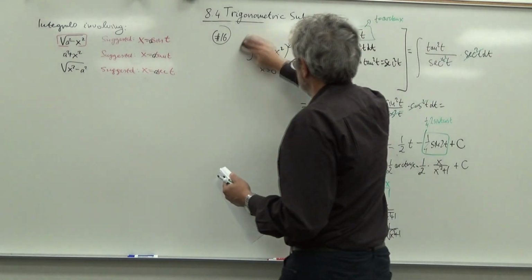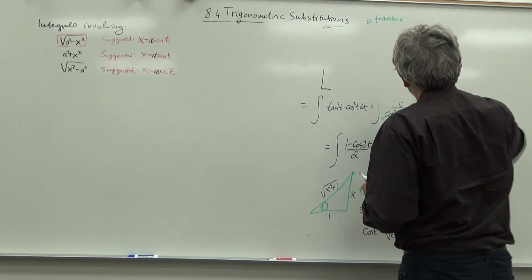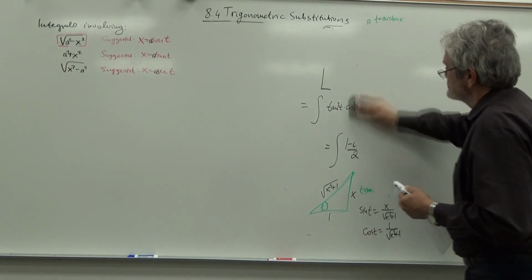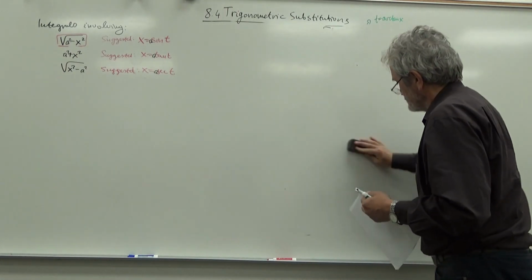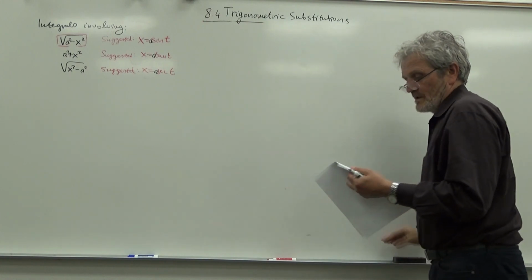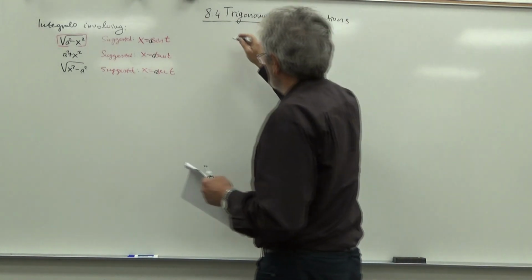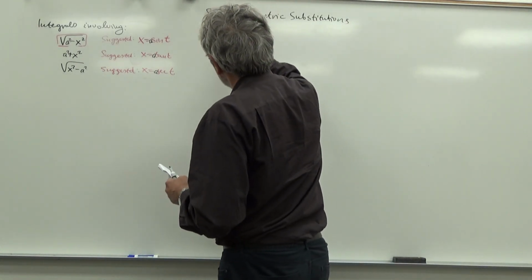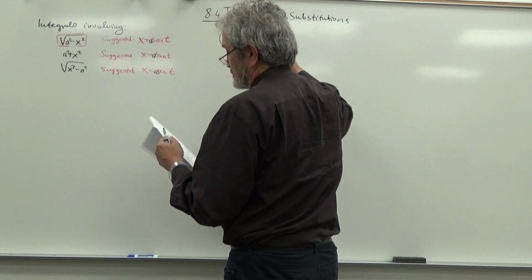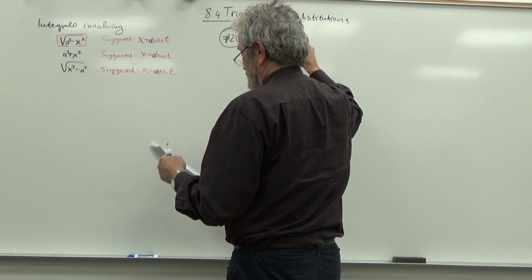Here's one problem that's a little tricky and complicated. So this is problem number 20. So to show you that even when these substitutions work, it could be a little tricky.